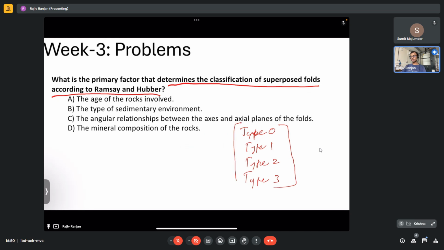So what is the primary factor that helps you classify between types 0, 1, 2, and 3?